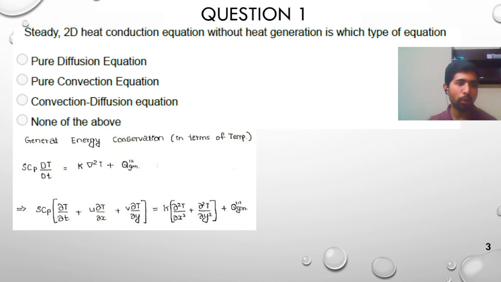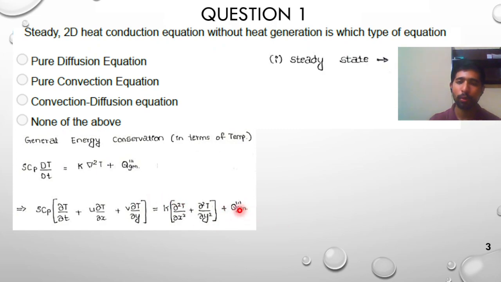If we see a general energy conservation in terms of temperature, we can write it something like this, as written here. We have the change of temperature with respect to time, and then we have the incoming advection flux, and then the diffusion flux, and then the Q generation part also comes in.